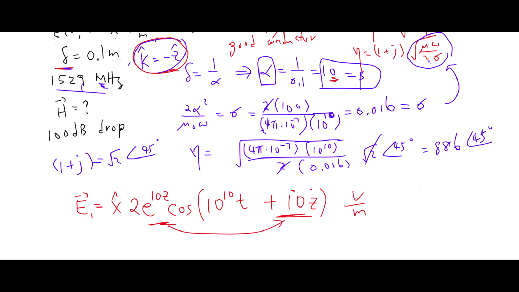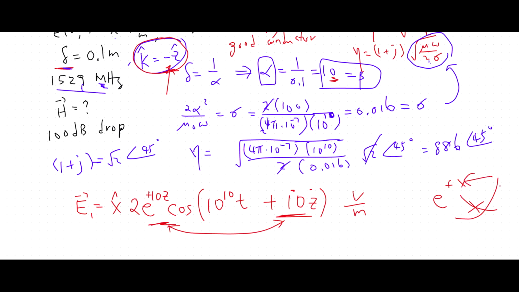Positive. Because my K hat is negative. But where's the attenuation? Shouldn't it be negative? That's a good question. So the question was, wait a minute, we say exponential decay, right? But now this is positive. Does that mean exponential increase? We are going to the negative direction.